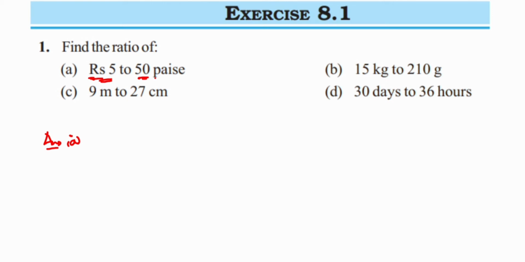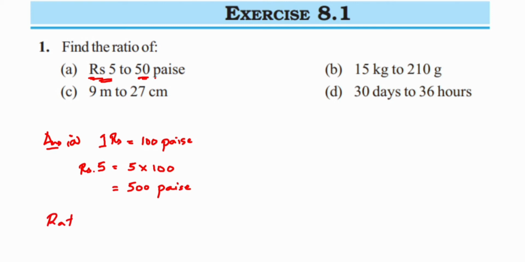We know that 1 rupee is equal to 100 paise, right? So 5 rupees is equal to 5 into 100, which is 500 paise. Now we have both in paise, so we're going to find the ratio.